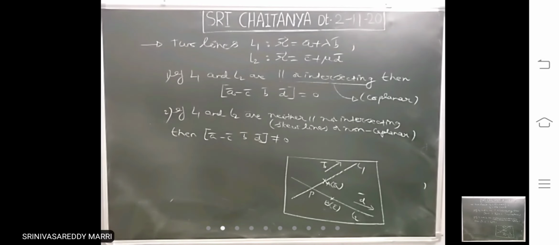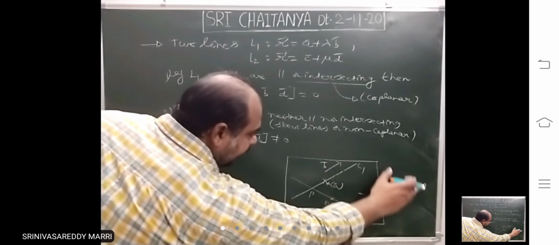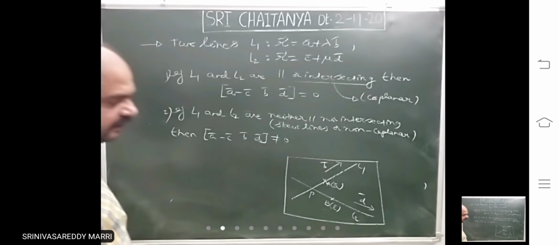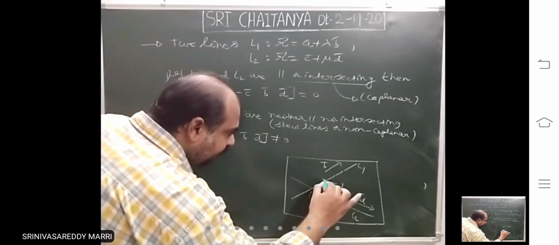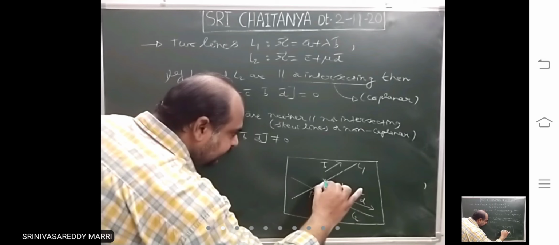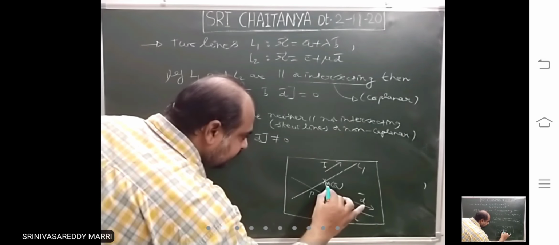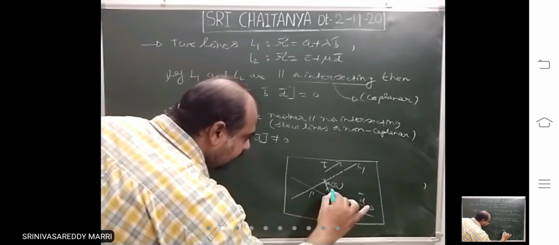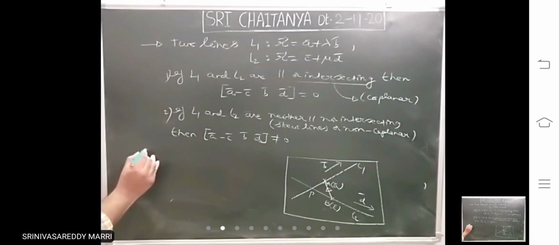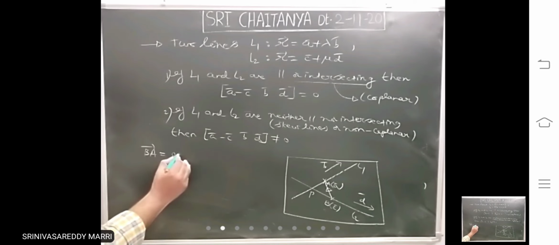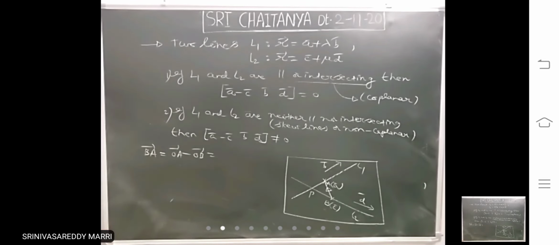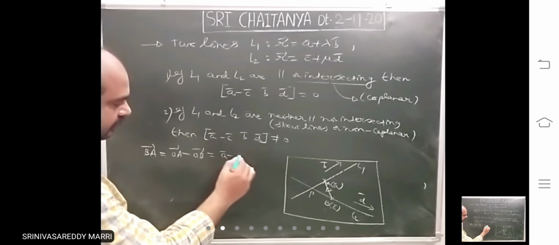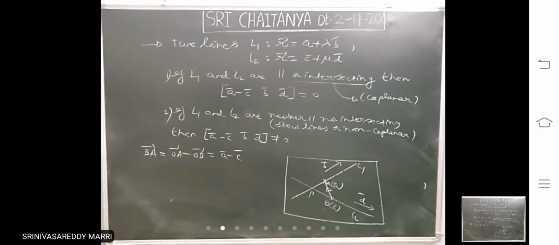Now look at, this is the plane of your paper. Now I am calculating. A point is there on your paper, B point is there. So I am calculating BA bar, which equals OA bar minus OB bar, that is a bar minus c bar.